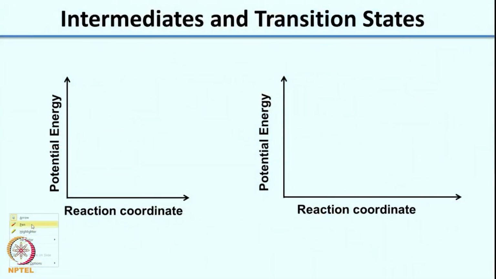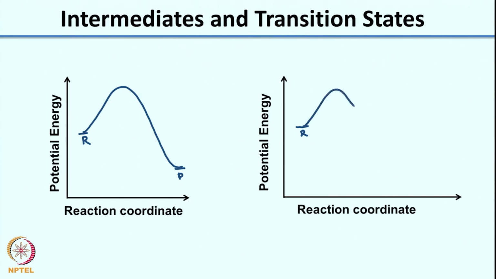So, now if you see, there are two things that show up when you look at a reaction coordinate. You have the one hill case that I looked at earlier, and then you had the two hill case. So, what do these hills and valleys mean?